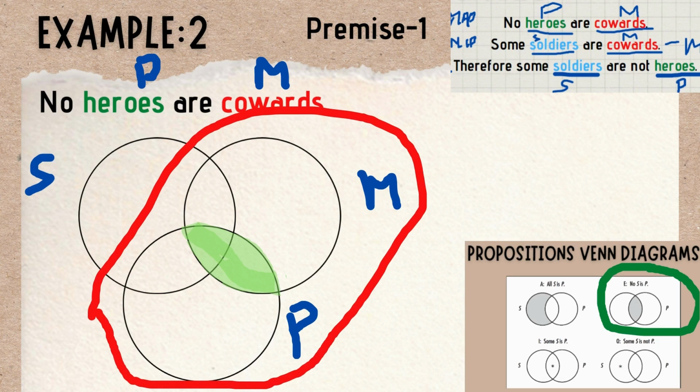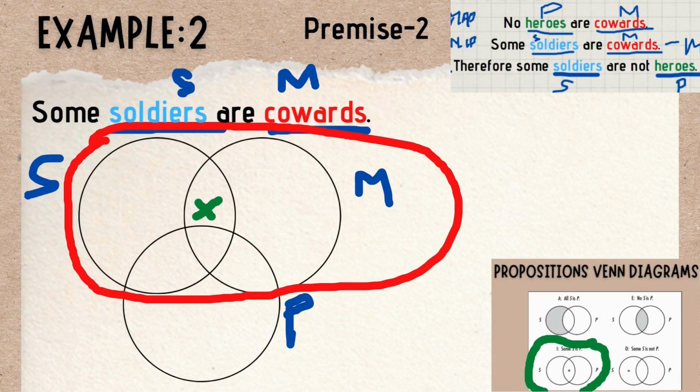If you see no S is P, here no M is P. So we will be shading the middle part of M and P. Here we will be taking only two circles, M and P, concentrating on only these two circles, not the S part. As per the proposition Venn diagrams, no P is M, we will be shading the middle part.